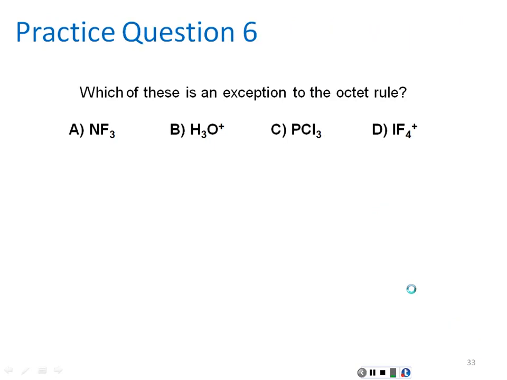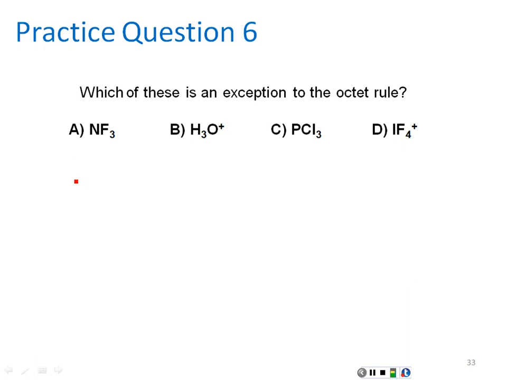Okay. Let's try another question. Which of these 4 molecules is an exception to the octet rule? Now take a few minutes and select which molecule is an exception to the octet rule. The way to solve this would be to draw the Lewis structure for all of these molecules.